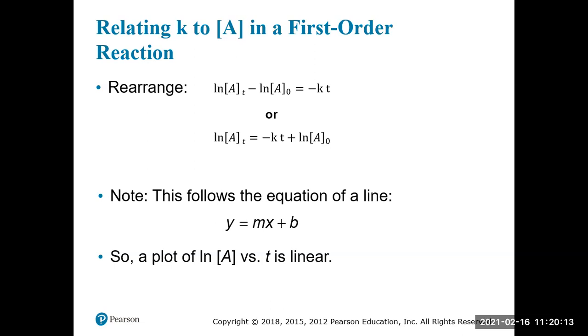One is we can do this plot of natural log of A at the different times on the y-axis and time on the x-axis. If it's a linear plot, plotting the data that way, it tells us it's a first order reaction. And then once we know it's first order, we know from our best line fit equation that the slope is equal to minus k. So it allows us to get that rate constant.